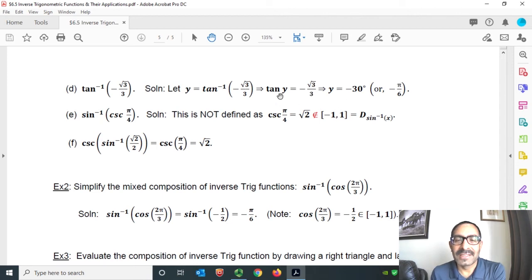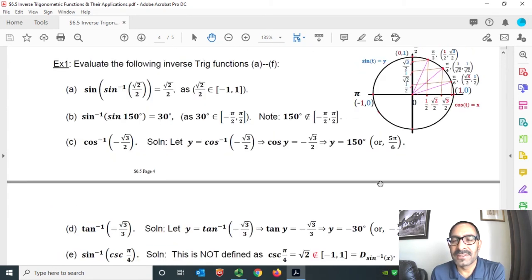And since the tangent function is an odd function, the minus stays, and y equals minus 30 degrees. And by the way, the range of the inverse tangent function is minus pi/2 to pi/2. So minus 30 degrees lies in the range. So the answer is y equals minus 30 degrees.